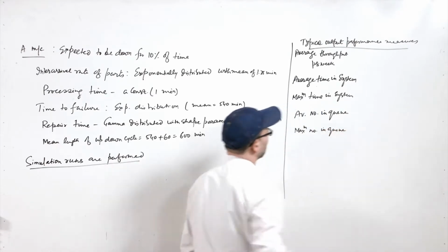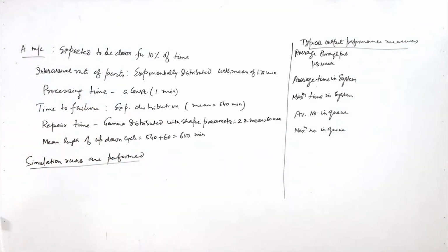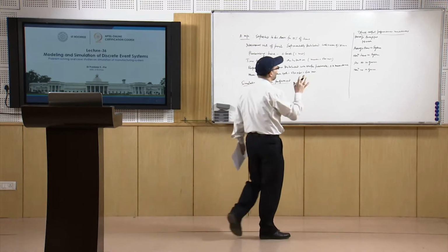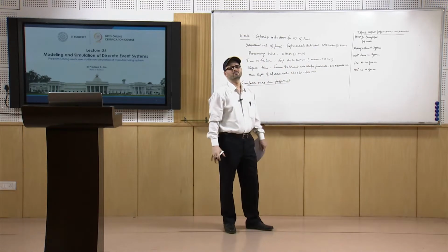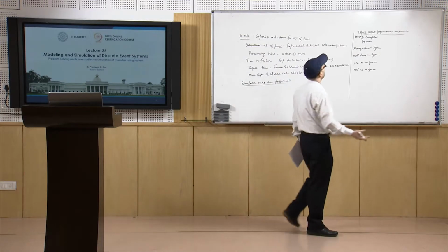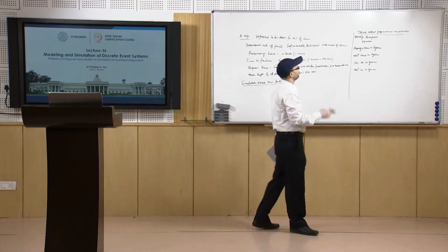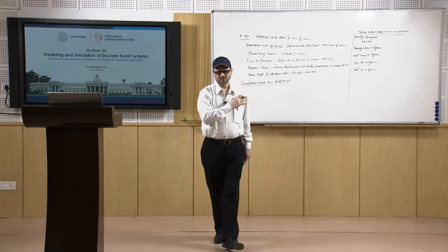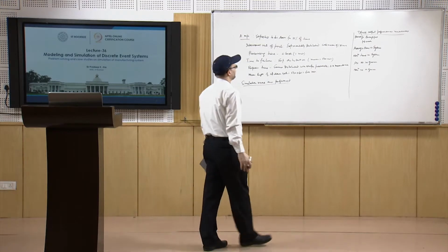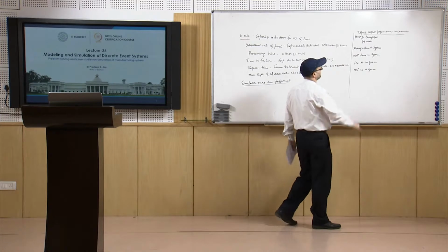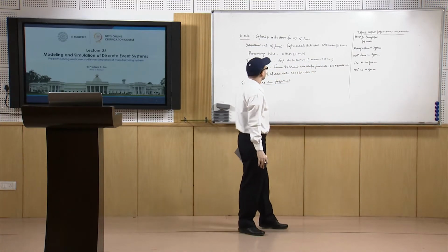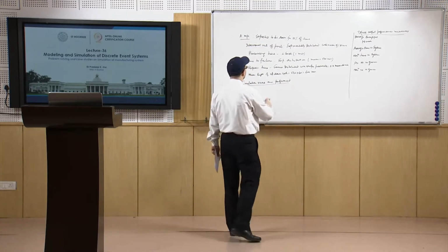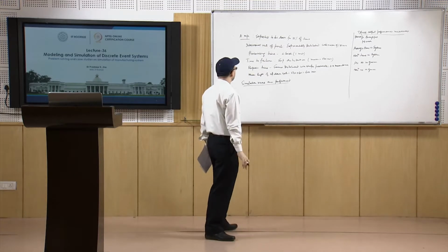These are the typical output performance measures in which we are interested, and we need to know the values of these performance measures per week. Suppose average throughput, how much of the product is getting serviced and going out, like average time in the system, maximum time in the system, and average number in queue.